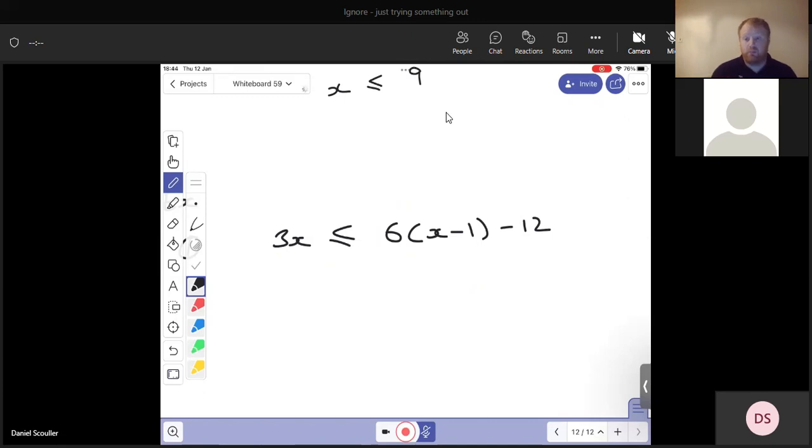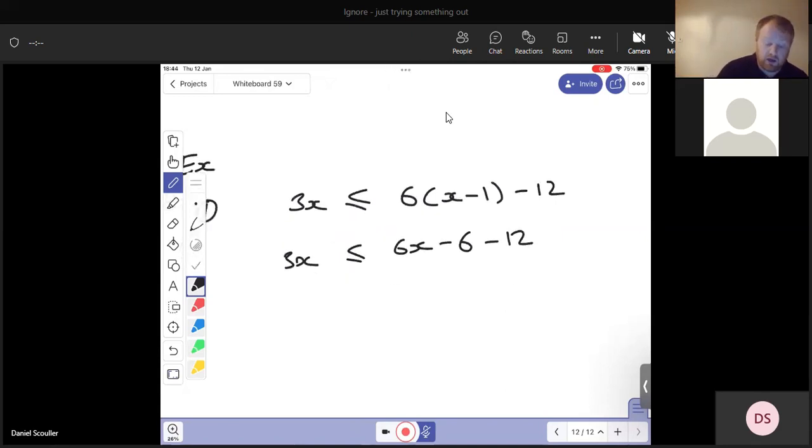But probably the easiest way in this occasion would be break that bracket, collect the like terms on the right hand side, tidy it up a bit, and then move all your x terms over to the left hand side. That's the tricky bit here. So we'll keep 3x as is, less than or equal to, and we'll break that bracket as we normally break brackets. 6x minus 6, and that negative 12, nothing happens to. That's outside the bracket, that's completely separate.